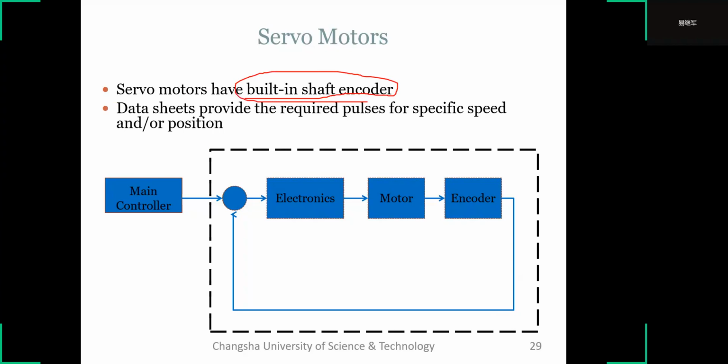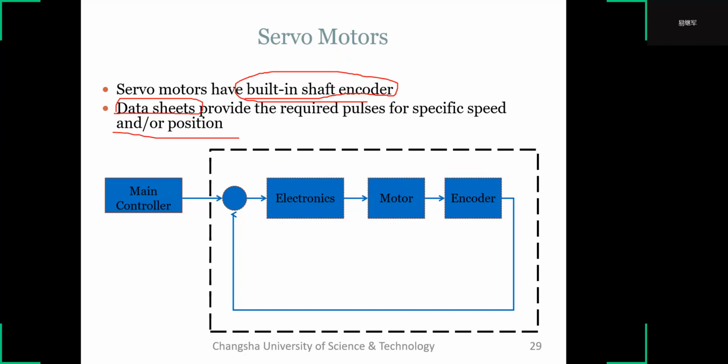The data sheet provides the required parameters for specific speed or position. When we use the motor as a servo motor, we need to check the data sheet for our use.